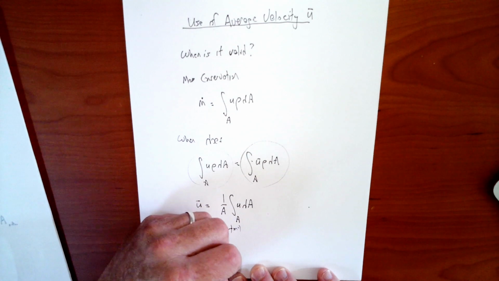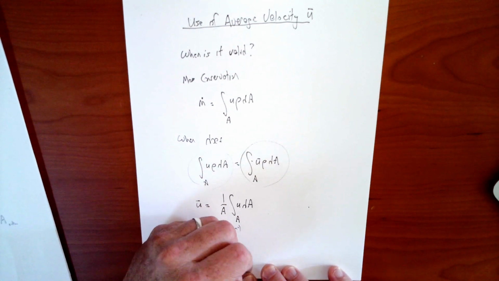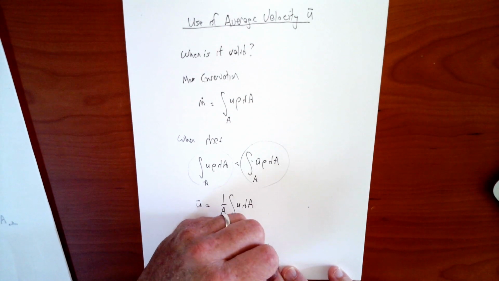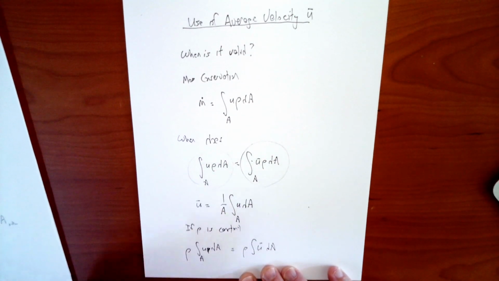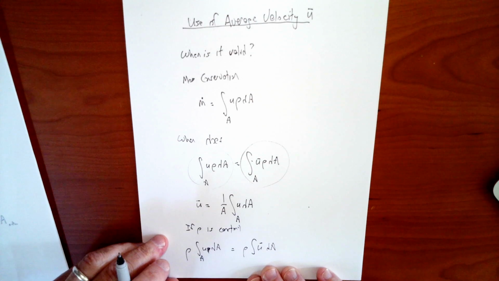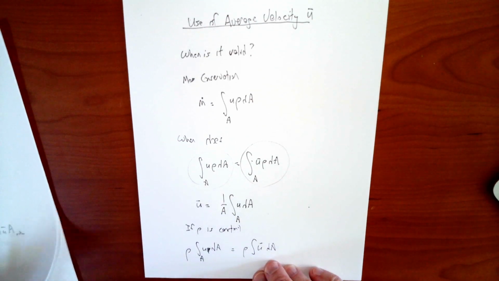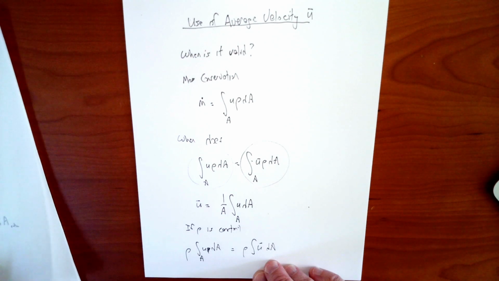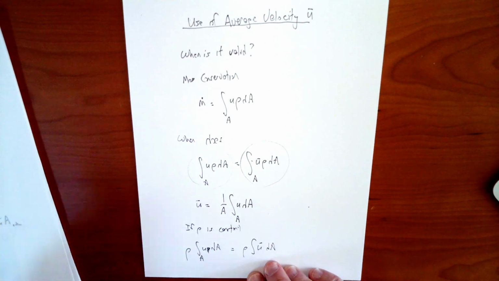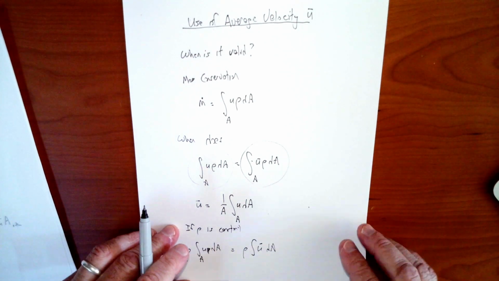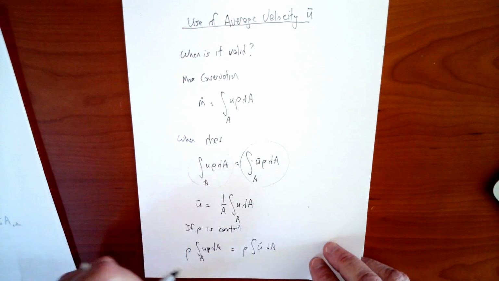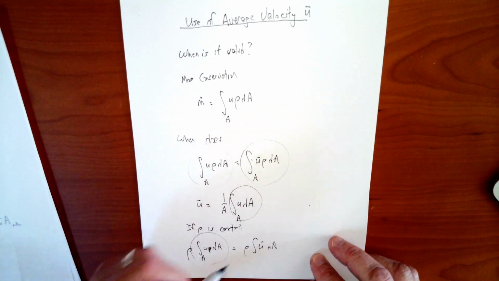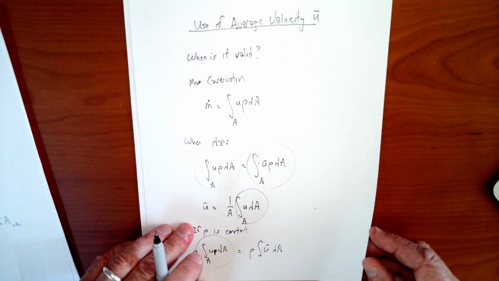And we would have on the right-hand side rho and then u bar dA. Rho dA, u dA, and u bar dA. So this one looks like this one, and we can take advantage of that.